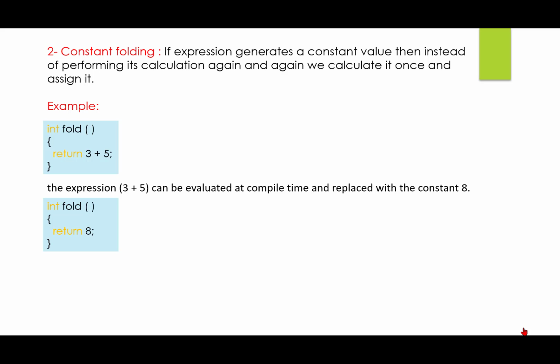For example, the method integer fold, whose statement is return 3 plus 5. The expression 3 plus 5 can be evaluated at compile time and replaced with the constant 8. So we rewrite it as integer fold return 8.